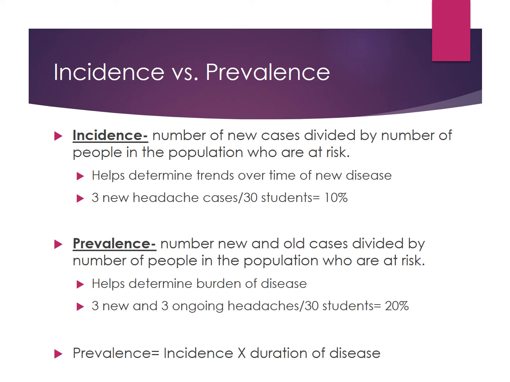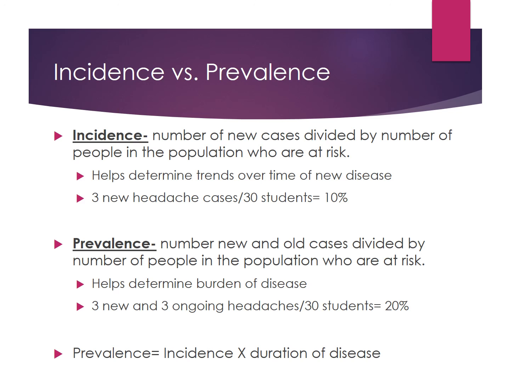And what incidence does is it helps us look at trends over time of the new disease. So how many new cases of let's say pneumonia or even cancer, how many new cases are there within the population? So we might say that there's 3 new headache cases out of 30 students who come into class for a given lecture for a 10% incidence in headache.